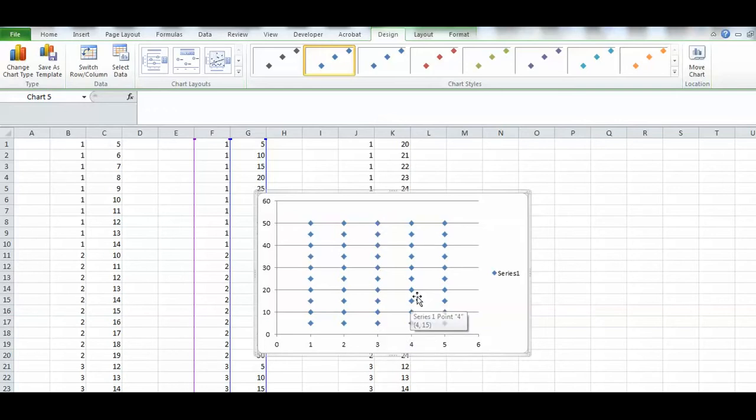So as the number of children goes up, people are working the same amount. As the number of children goes up, the hours of work isn't changing. So this square shape would be no correlation. There's no correlation between children and hours of work in this population.